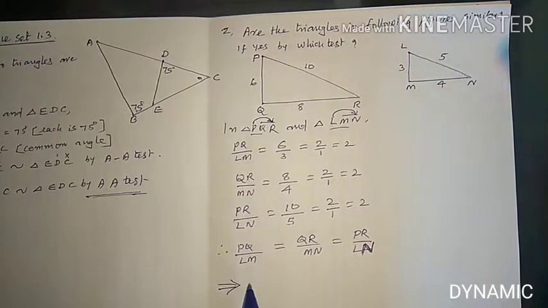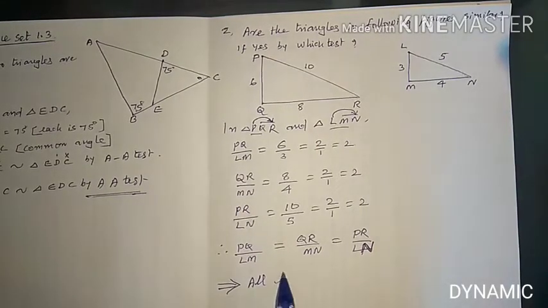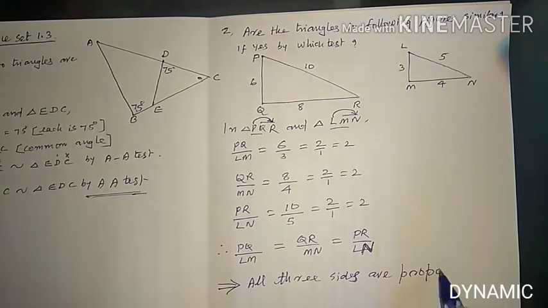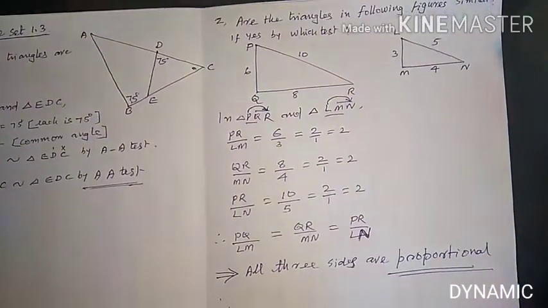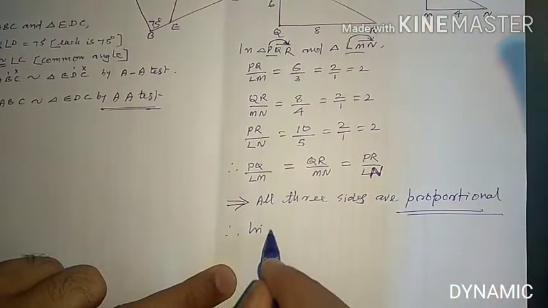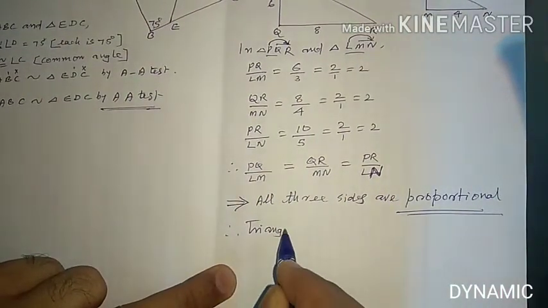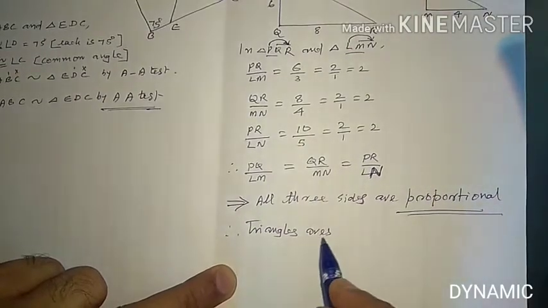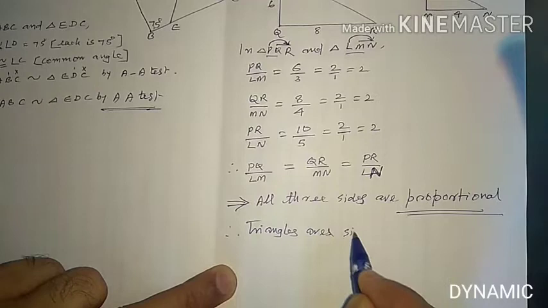That means all three sides are proportional. Therefore, triangles are similar.